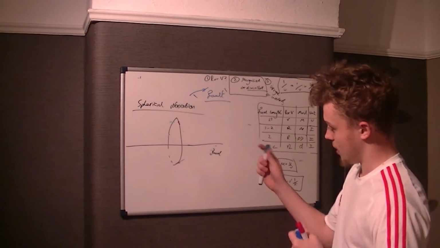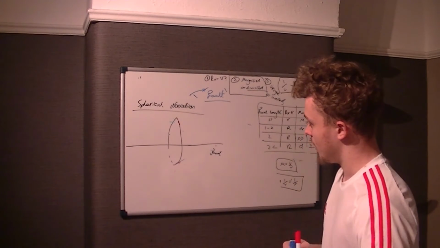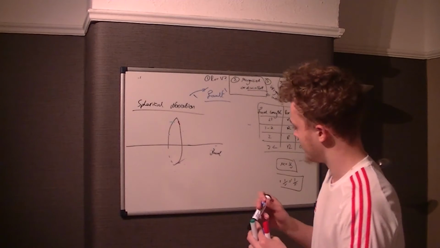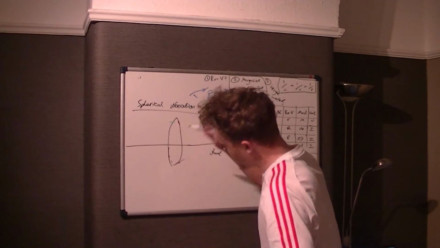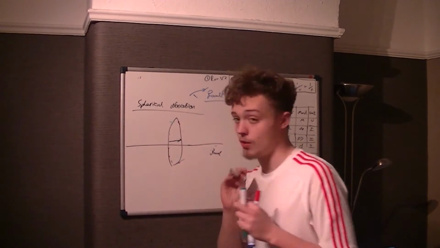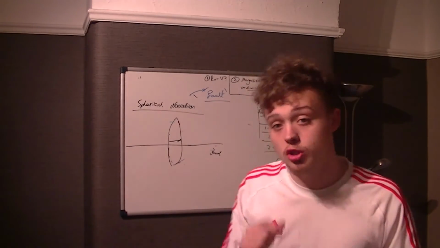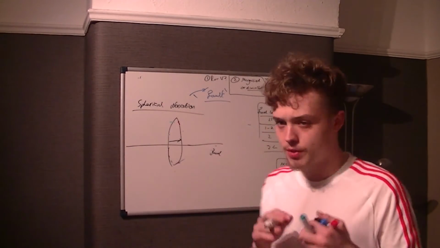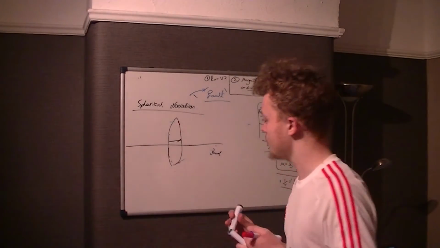Well, if you look at the shape of this rather crappy drawing here, the principle remains the same. What I'm trying to get across is there's different distances. So at the centre, if you went through just above or below the principal axis, which is say the horizontal line, there's quite a big distance for the light to go through.